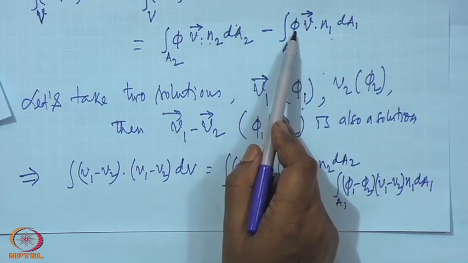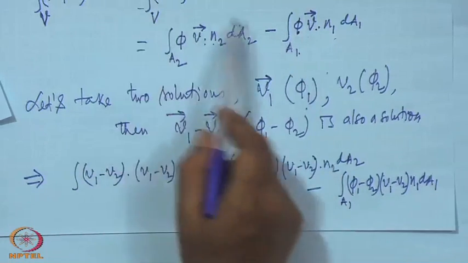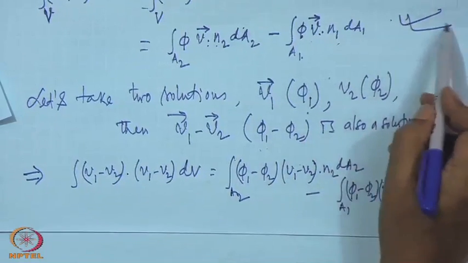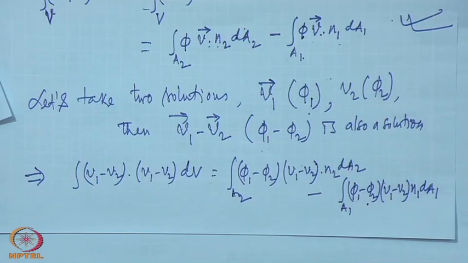We have substituted phi 1 minus phi 2 and V1 minus V2 in this equation. Now, if the solution is unique, then phi 1 minus phi 2 and V1 minus V2 must be 0. The solution will be unique if V1 and V2 are the same, and phi 1 and phi 2 are the same.